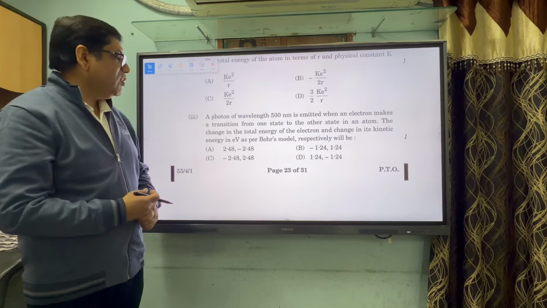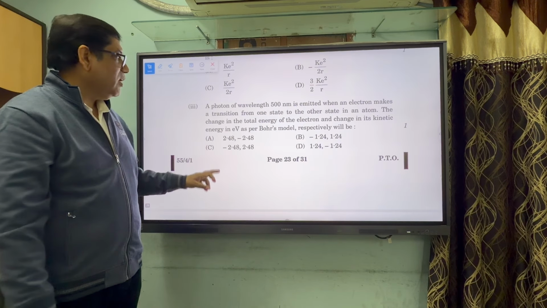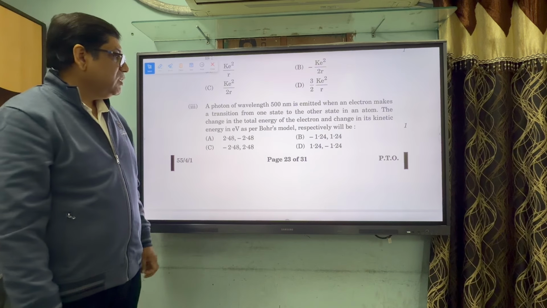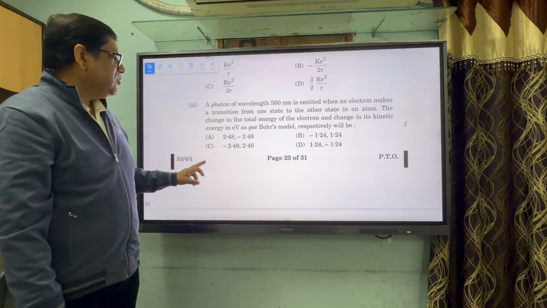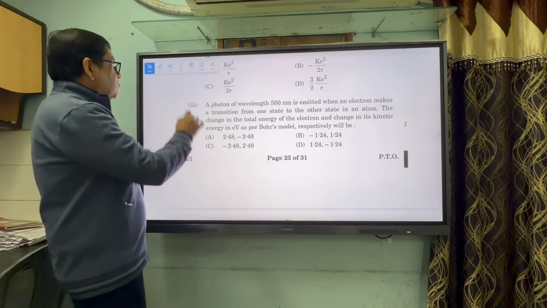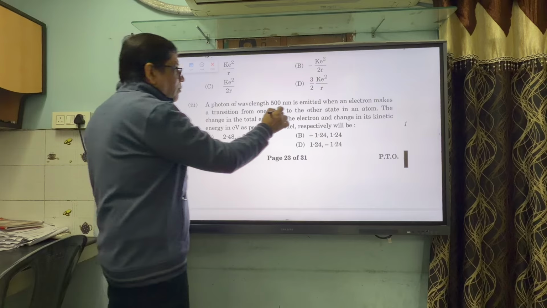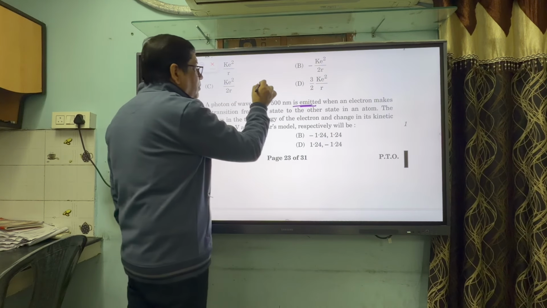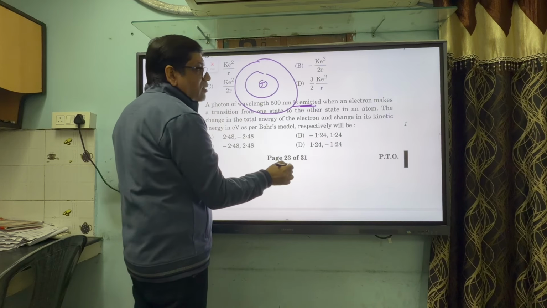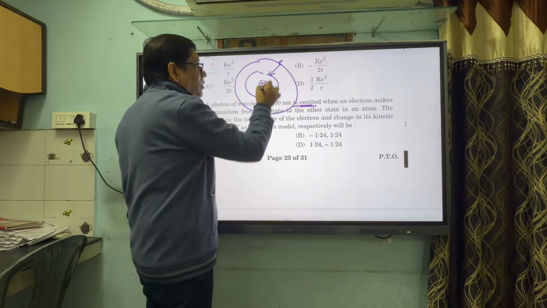A photon of wavelength 500 nanometer is emitted when an electron makes a transition from one state to other in an atom. The change in total energy of electron and change in kinetic energy. Photon is emitted means electron is jumping from higher orbit to the lower orbit.